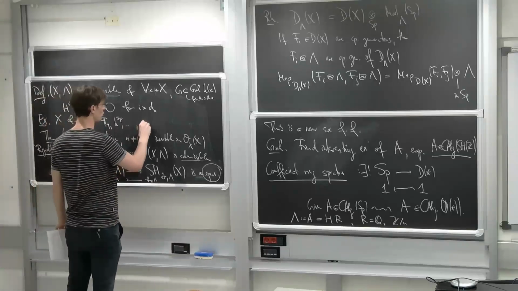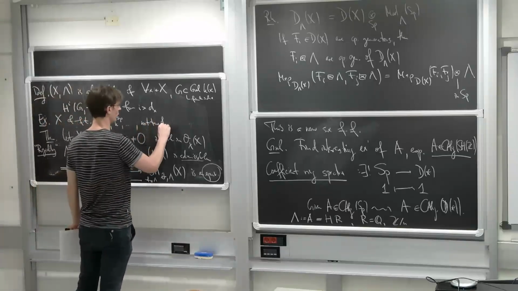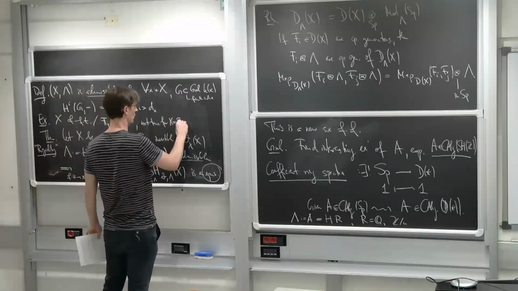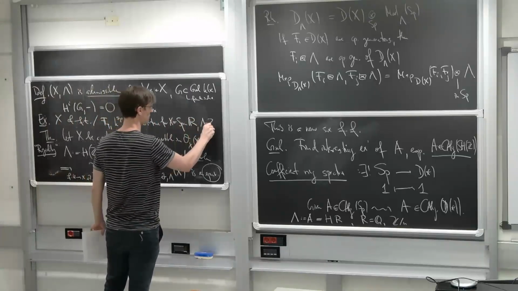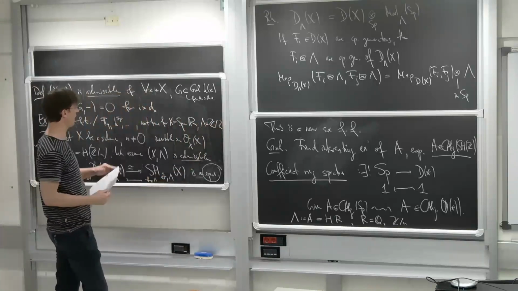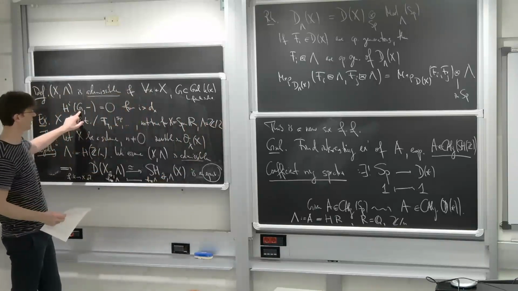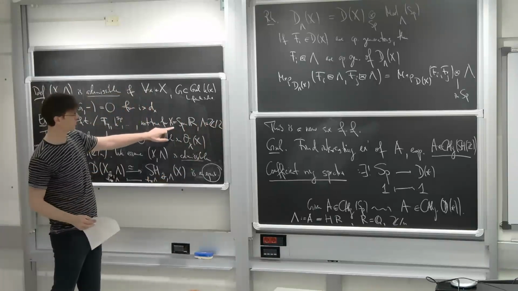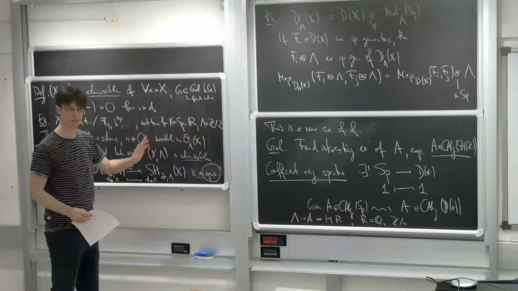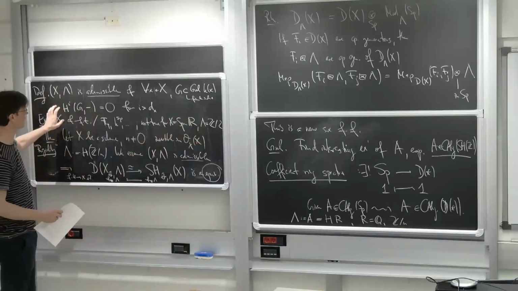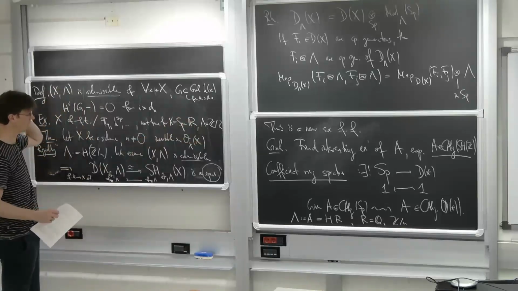So not true for X being Spec R, the real numbers, and lambda being Z mod 2. If you have that, then you realize the Galois homological dimension of its Galois group, which is also Z mod 2, is infinite. So it's not always satisfied, but many times it is.